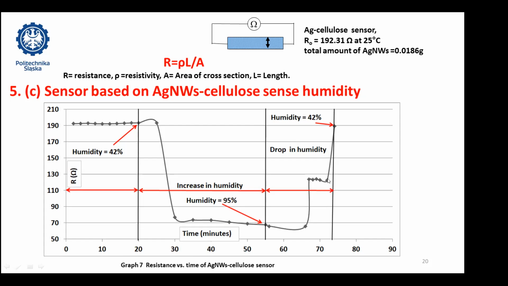The reason for the continued increase is that the moisture which has been absorbed and is present within the matrix of the sensor is now being removed, until we reach our value which coincides with the initial value. So here we can say that the initial value and final value are the same, and the initial and final humidity level are also the same.